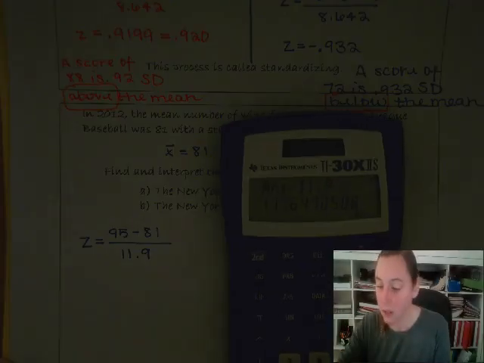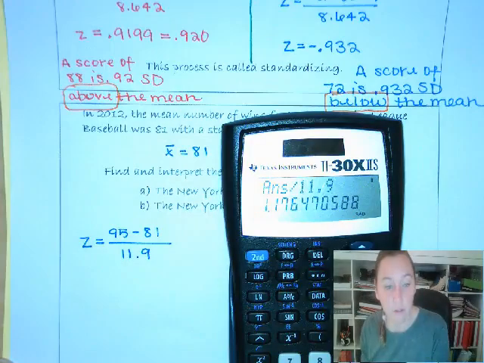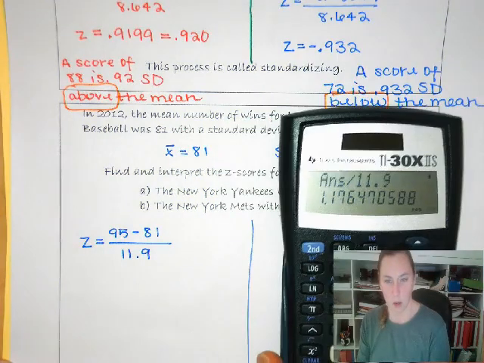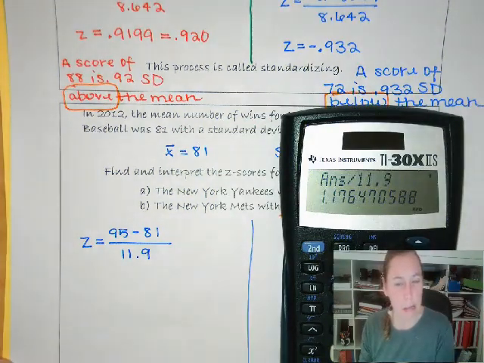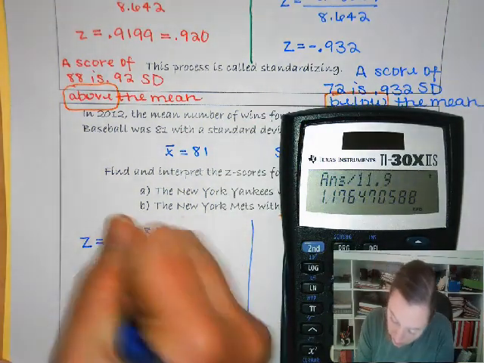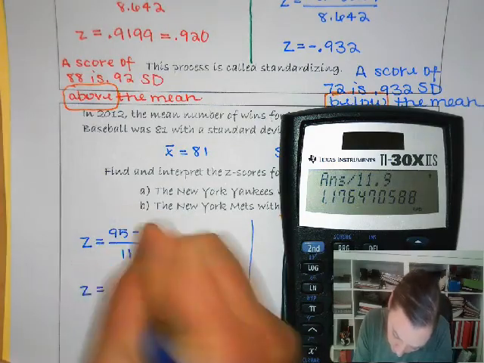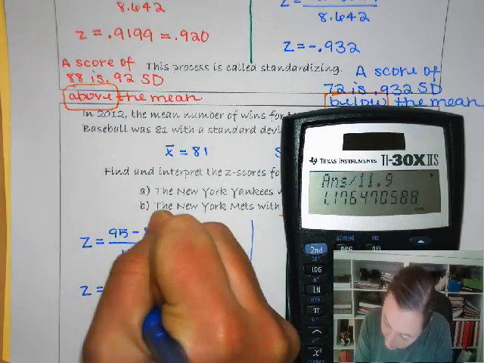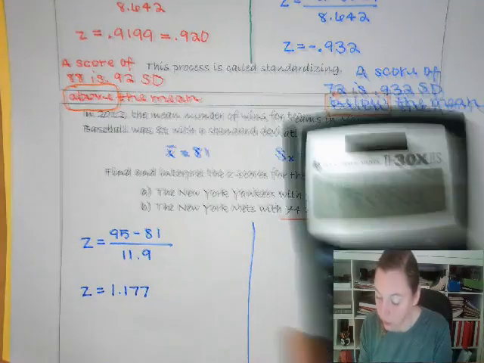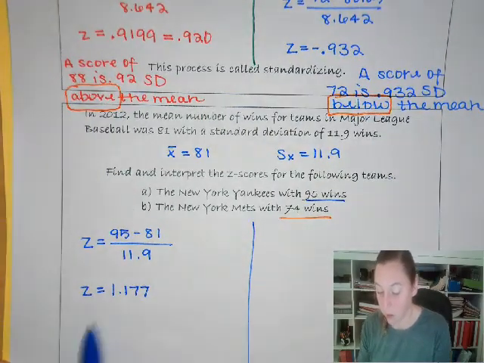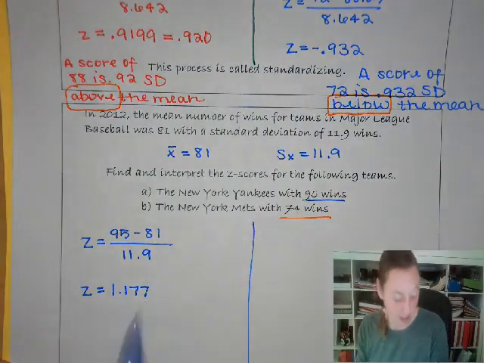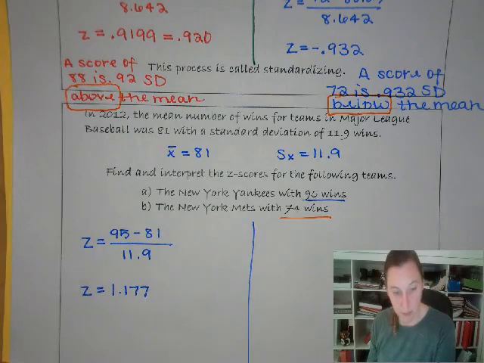Which gives us, oh, sorry, my lights turned off. 1.177 for our z-score. So the New York Yankees' total number of wins was 1.177 standard deviations above the mean.